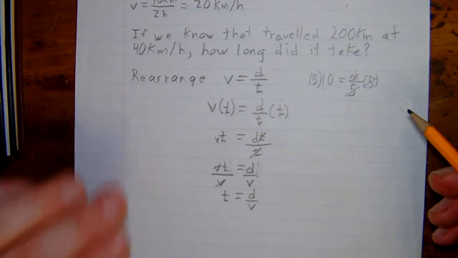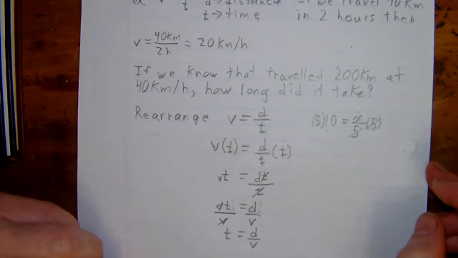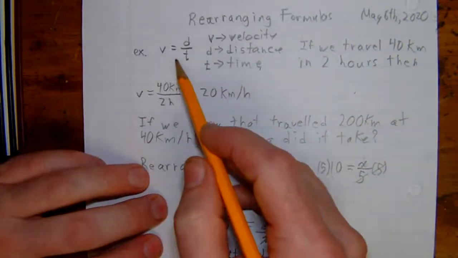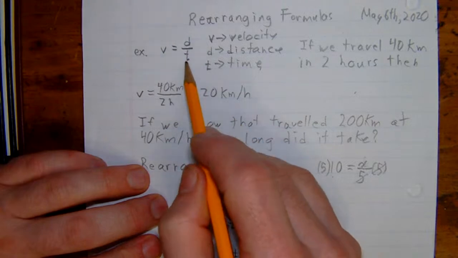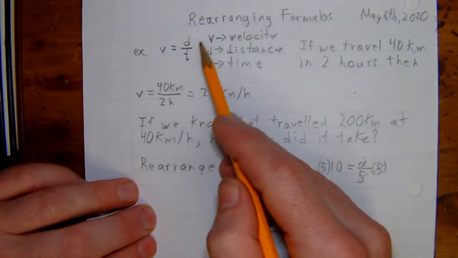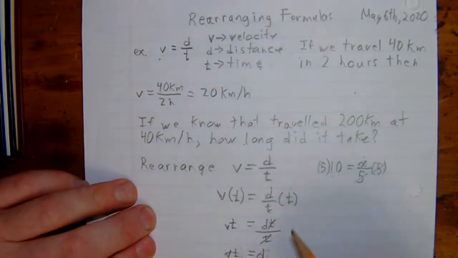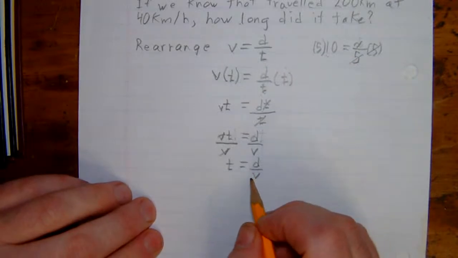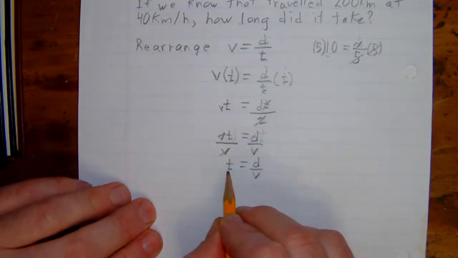So Alan, just to catch you up, and I know there's a few other people who just came in, we're taking a look at formulas. Like velocity or speed equals distance divided by time. And we're taking a formula for one thing, in this case, a formula for velocity, and rearranging it to get a formula for something else, in this case, a formula for time.